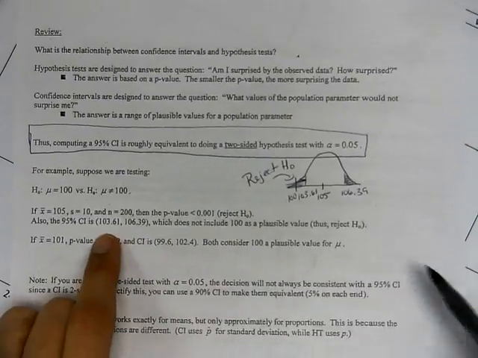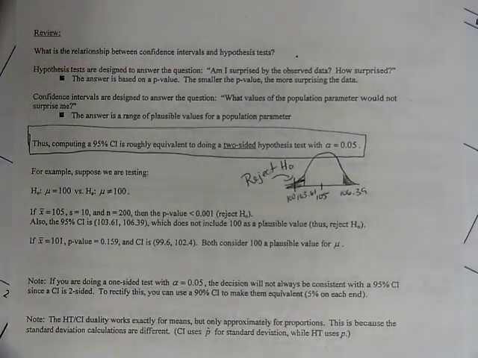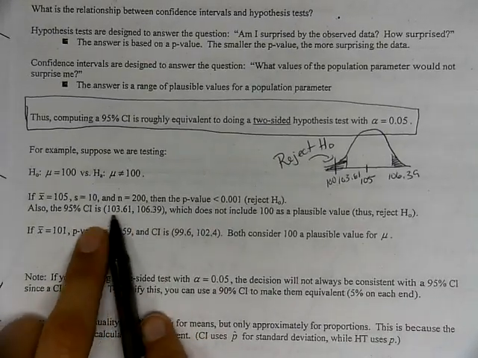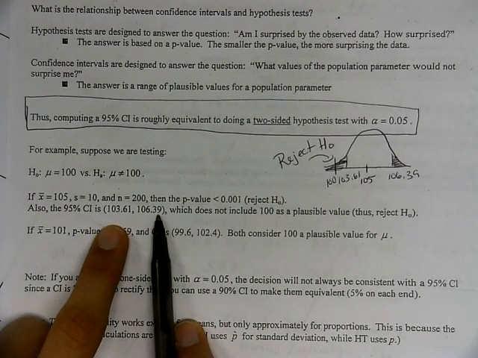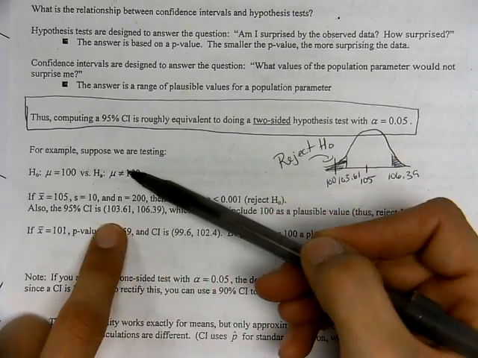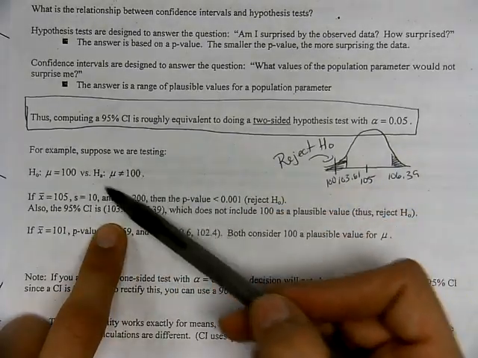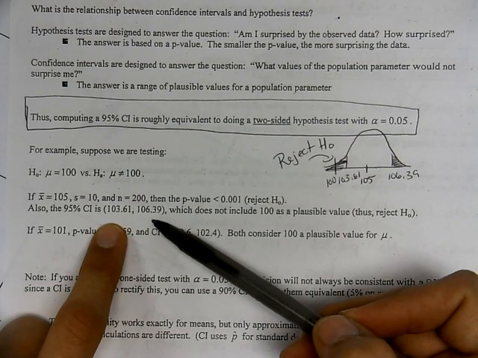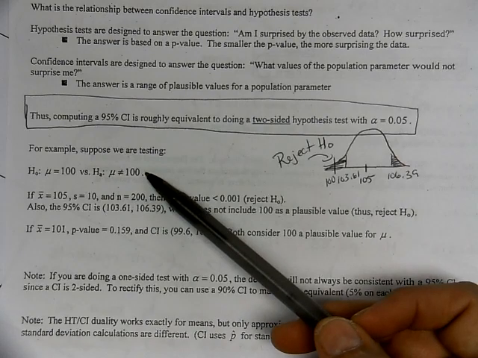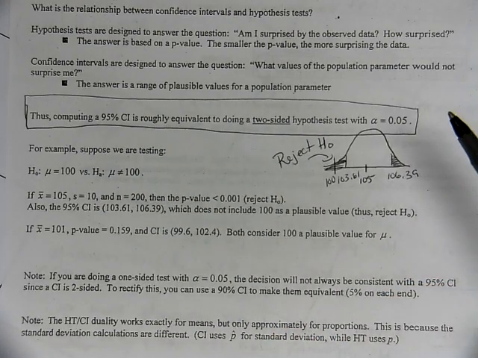Also, I'm a visual person, so I like the picture, but you could just look at the interval: is 100 in the interval? No. So we're saying this is not true because we didn't get 100, so this is what's true. Now, it's probably greater because our interval is greater than 100, but we don't know that for sure. That's not what we're testing. We just know it's different.